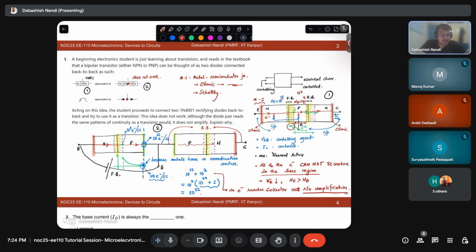I think you all have done at least one amplifier breadboarding in your undergraduate. If not, please do this exercise. Connect the NPN transistor and see if that small signal is getting amplified, and connect two diodes as shown in the diagram and see if there is any amplification. Okay, you will get to understand what is happening. Fine.